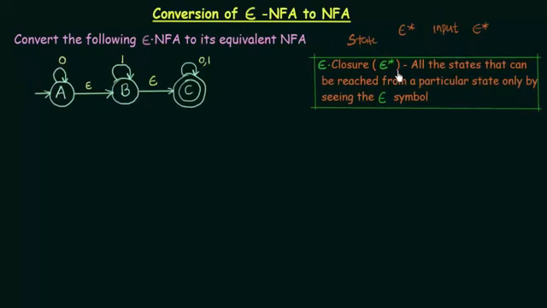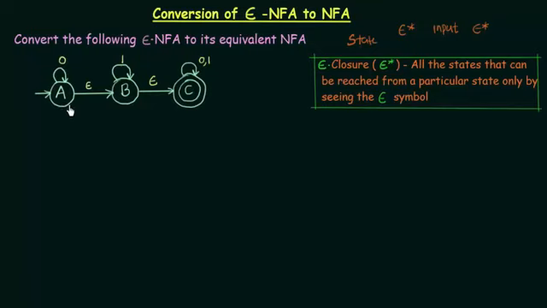Epsilon closure means all the states that can be reached from a particular state only by seeing the Epsilon symbol. For example, if you are looking at state A, you have to see which states can be reached from state A only by seeing the Epsilon symbol. A can go to A itself. I already explained in the previous lecture that every state goes to itself on seeing the Epsilon symbol.